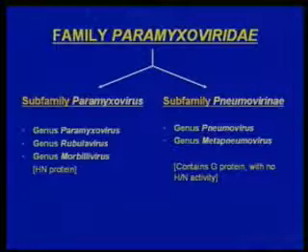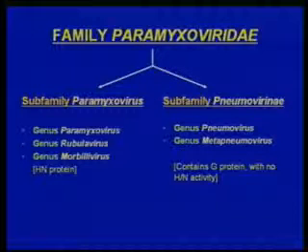And the classification goes into subfamily pneumovirinae and paramyxovirus over here. Right here. And we have the three genera, paramyxovirus, rubulavirus and morbillivirus. You may recognize some of these names because you have done pathogens from these genera before. And these share the property of a hemagglutinin neuraminidase HN protein.